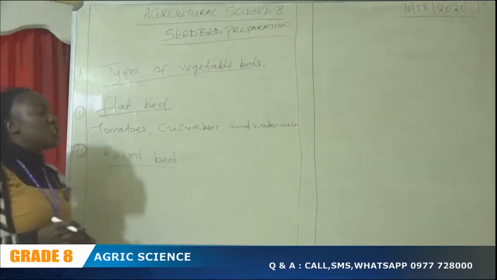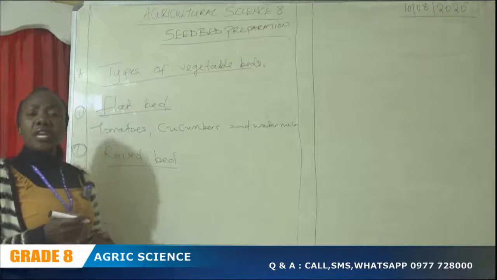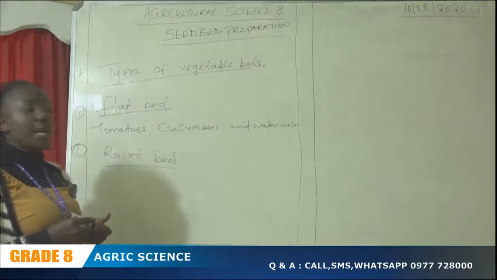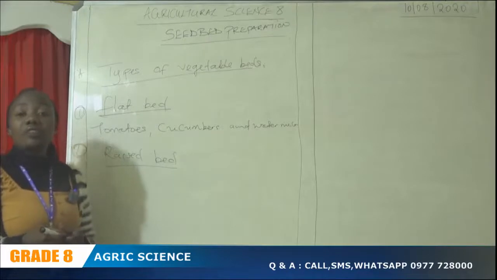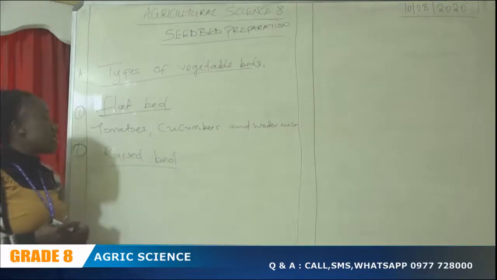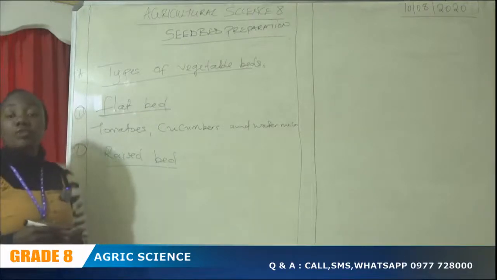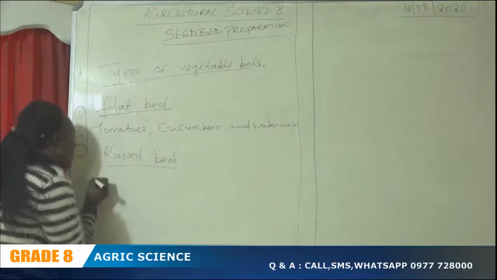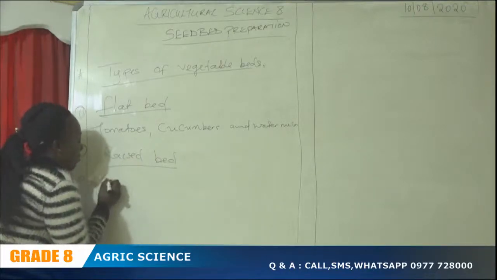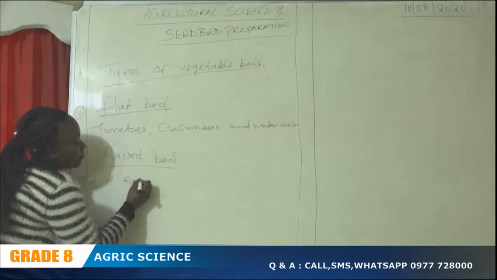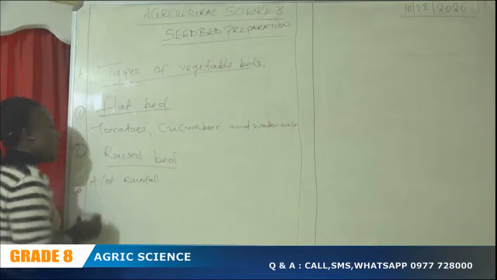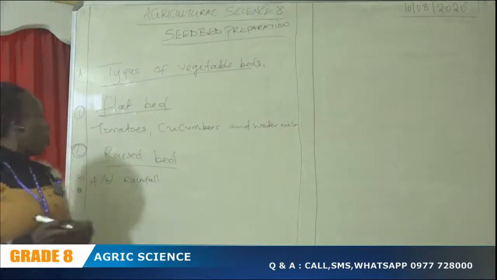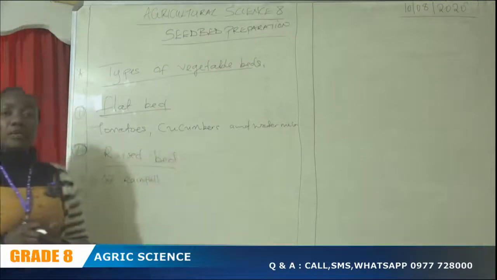The raised bed is usually done where there's a lot of rainfall. Raised beds are usually prepared where there's a lot of rainfall. And what type of crops do we grow in the raised bed?